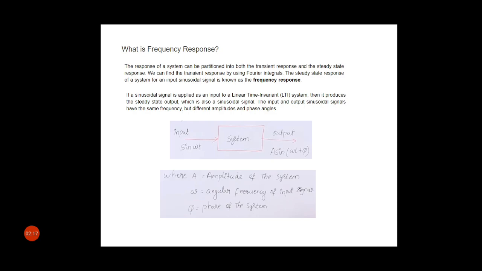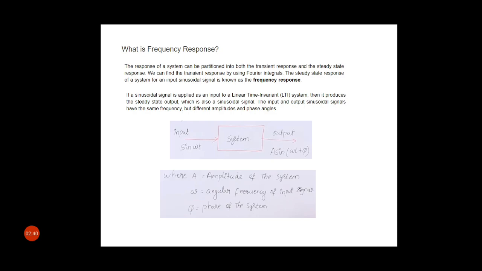And phi is the phase of the system, that is, how much phase shift the system introduces to the input signal.